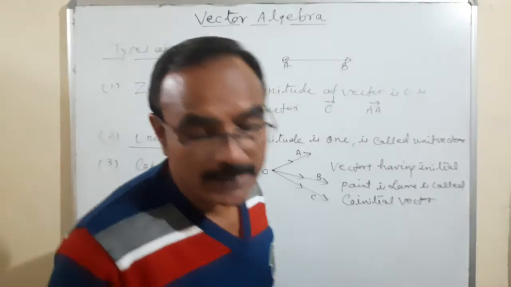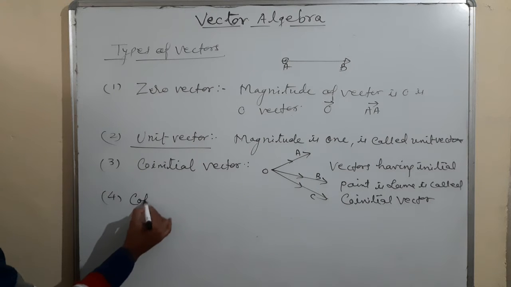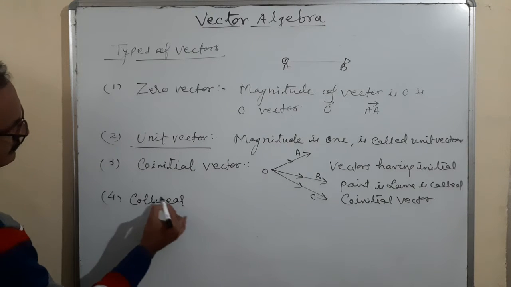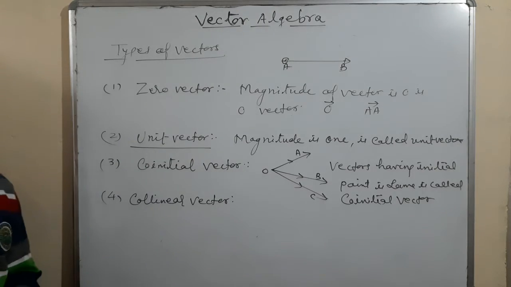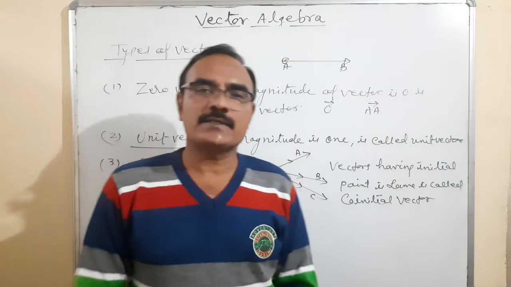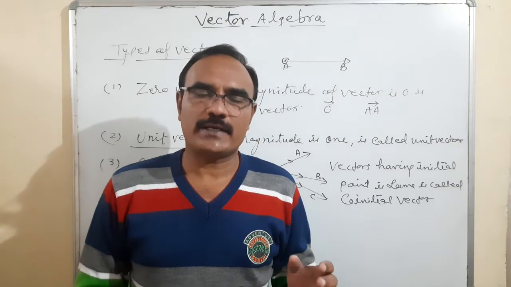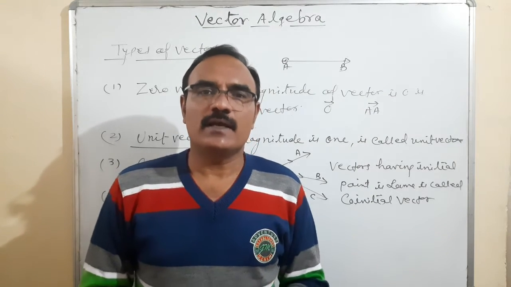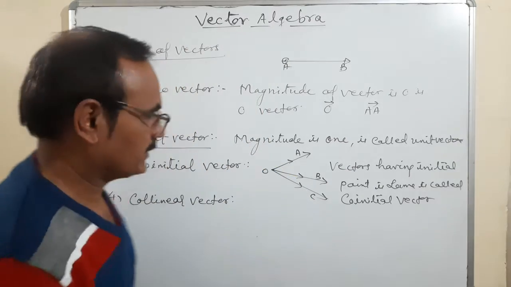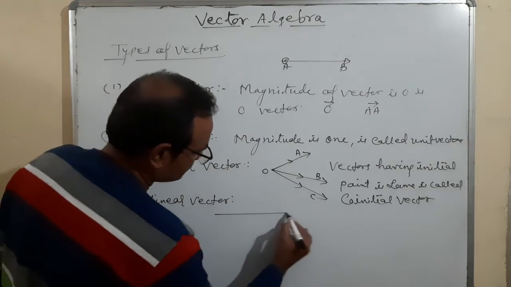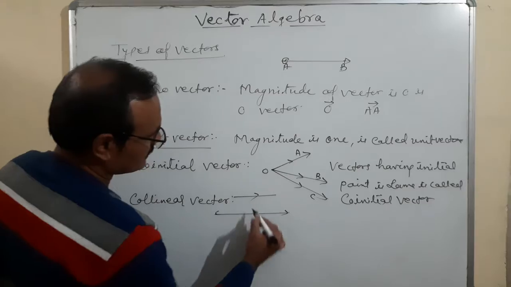After that, collinear vectors. What is the meaning of collinear? Two or more vectors, if they are parallel to the same line, irrespective of their directions, are called collinear vectors. Suppose there is a straight line and many vectors are there like this.